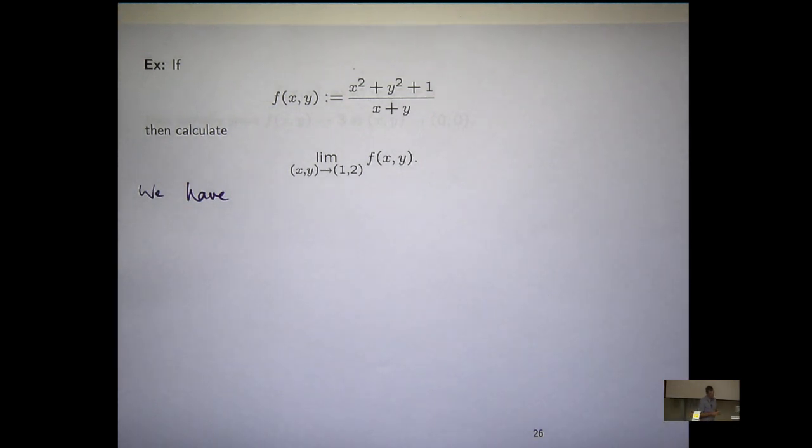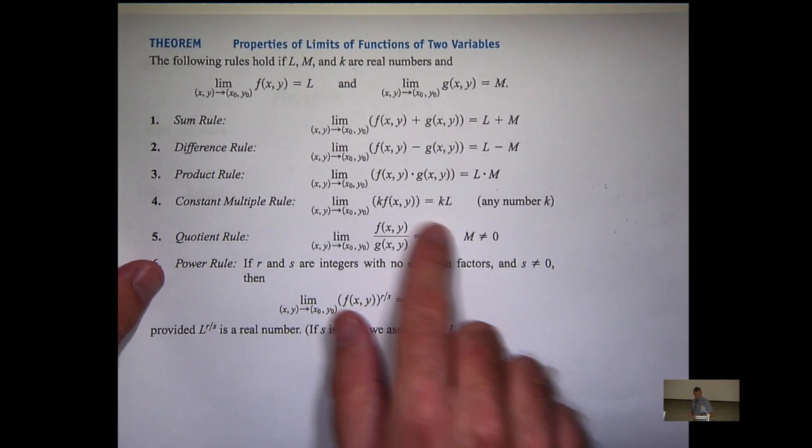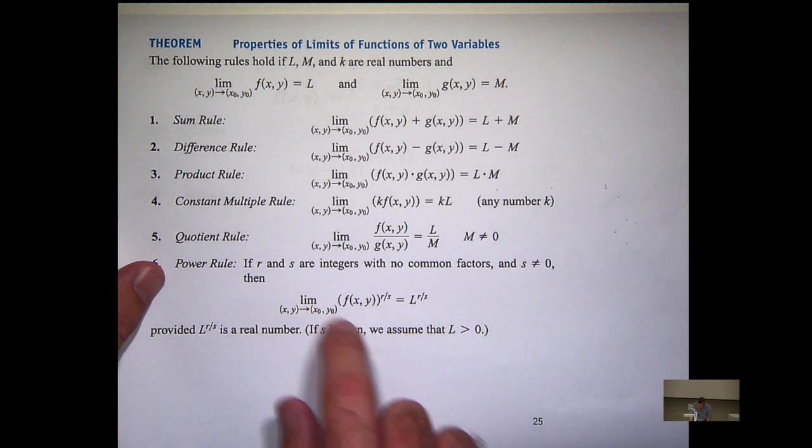Any ideas on how we might evaluate that limit? I'm not talking about epsilons and deltas here, just day-to-day calculations. Yeah, just sub in the values for this one. This one's quite easy because essentially it's this rule down here.